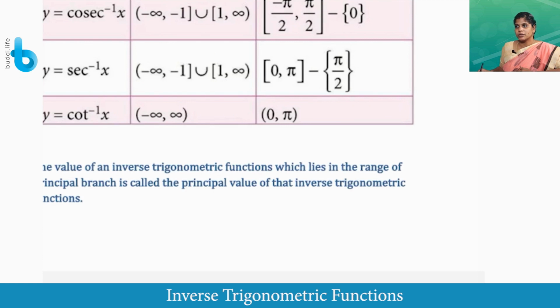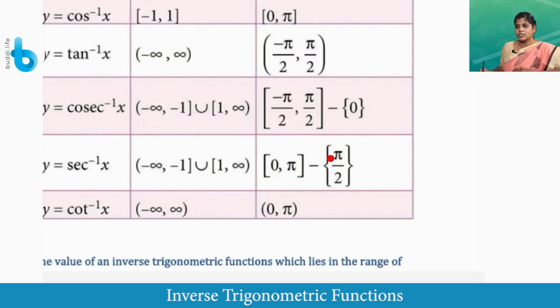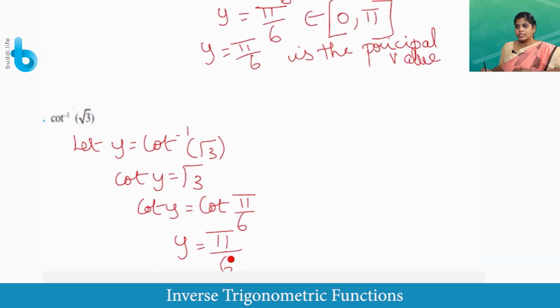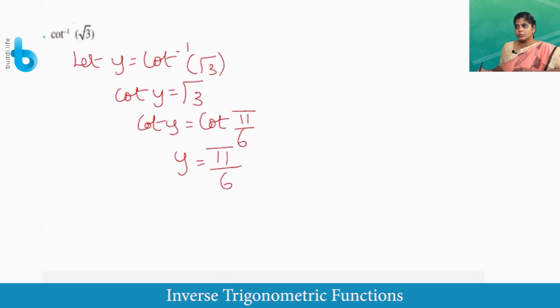For the function cot inverse, it should lie between 0 to pi. See, it's an open interval, 0 to pi. So we'll check whether our value lies in that. Yes, pi by 6 lies between 0 to pi. Therefore, y is the principal value for cot inverse.